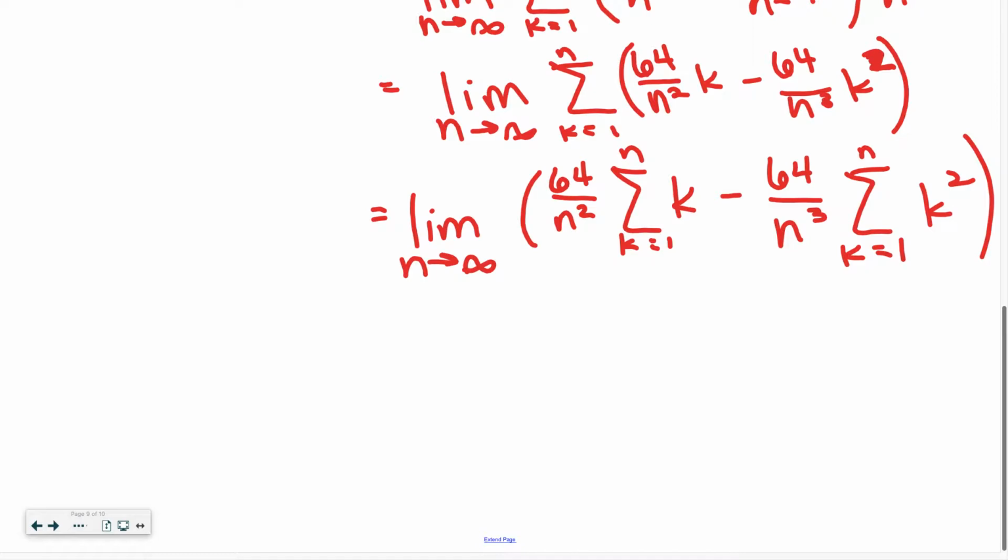And now we can use our shortcuts. The sum of K.